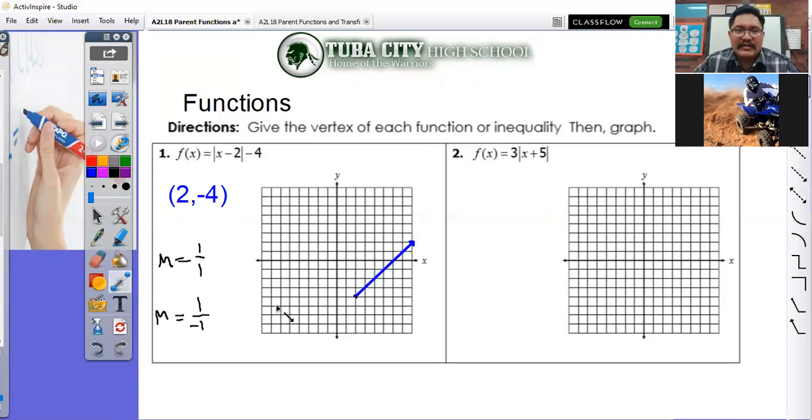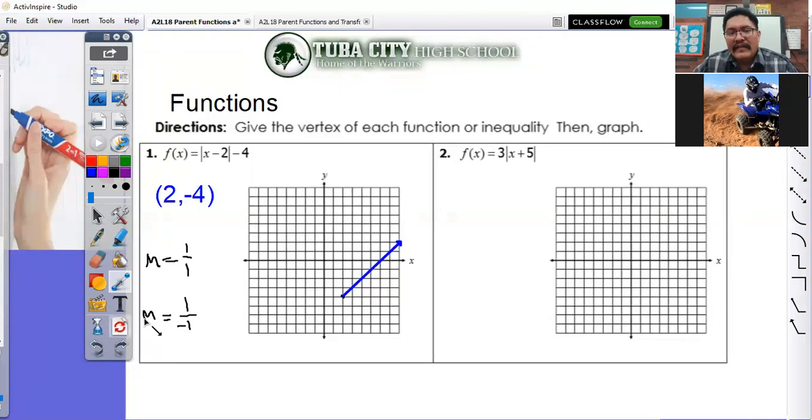And remember, this is a trick that I've also shown you before, and that is you can move the negative from one side to the other. So what this means is I have up 1, back 1, up 1, back 1, up 1, back 1, and just follow that pattern all the way to the end. And voila, you're done.